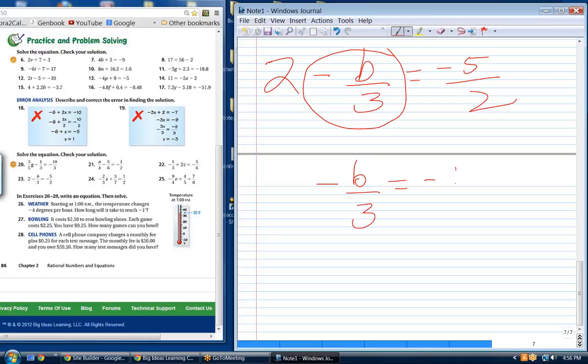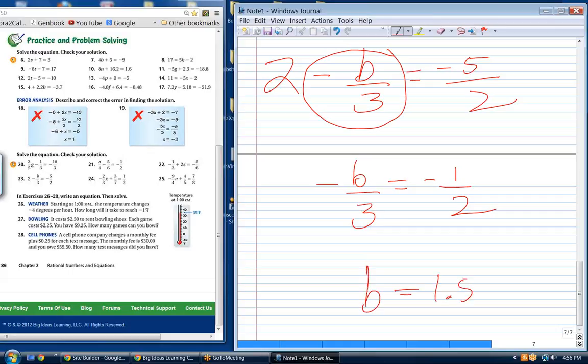Negative 1/2. Okay. And then you multiply by 3. Okay. In this case, you get 1.5 equals b. Okay. That's the correct answer.